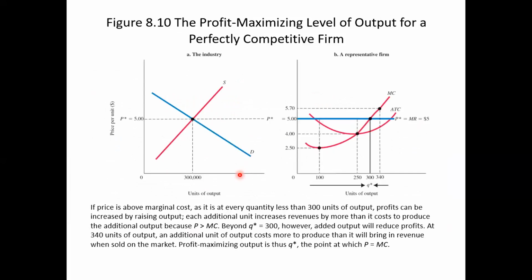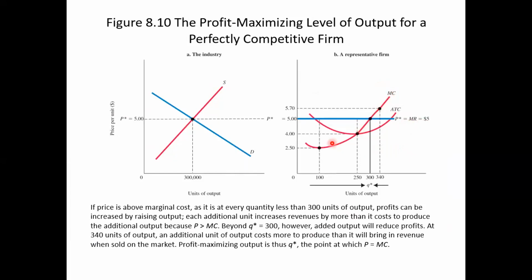All right, I know this is a busy graph. Let me walk you through it. Here's our demand. Here's our supply. Price is equal to $5. The firm sees a demand curve equals marginal revenue at $5. Whenever you see this graph, step one in analyzing this graph is to find the point where marginal revenue equals marginal cost.